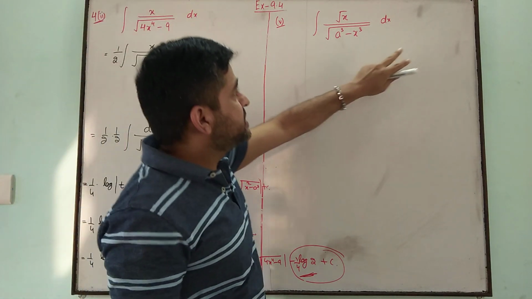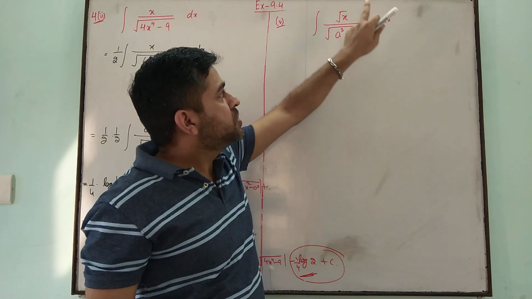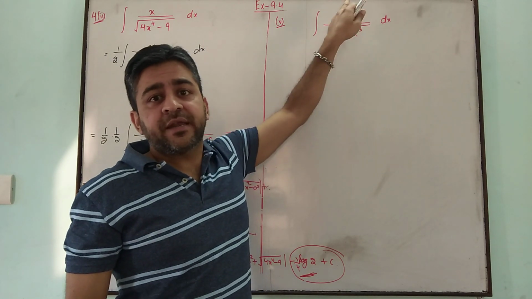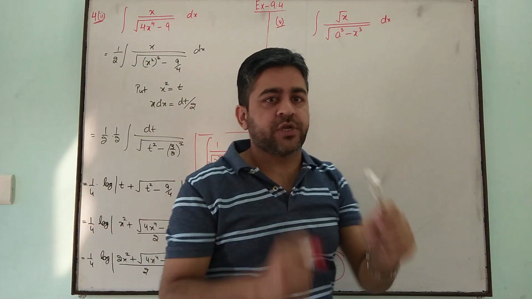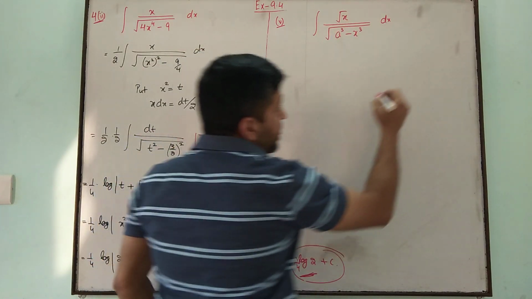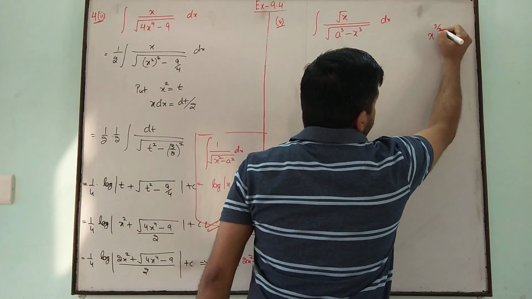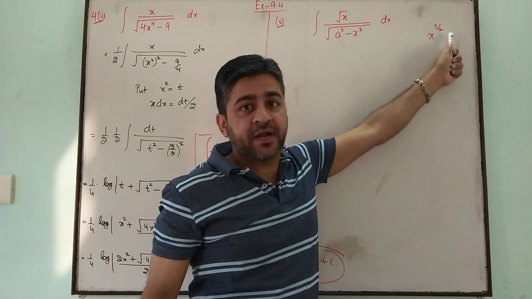Next is the same. In these concepts, in these formulas, we do not have anything in the numerator. Numerator is always 1. So just think about it: the square root of x is the derivative of which function? Root x is the derivative of x to the power 3 by 2.